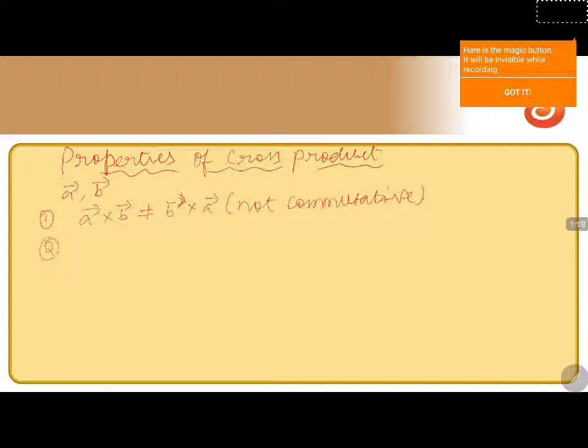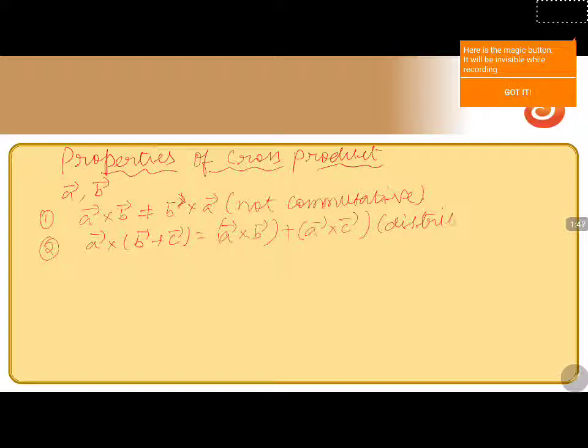Now coming to the distributive property. Here we are going to take three vectors. One is known as A, the other one is known as B, while the last one is known as C vector, in such a way that A vector cross B vector plus C vector is equal to A cross B plus A cross C, and we'll call this a distributive property.